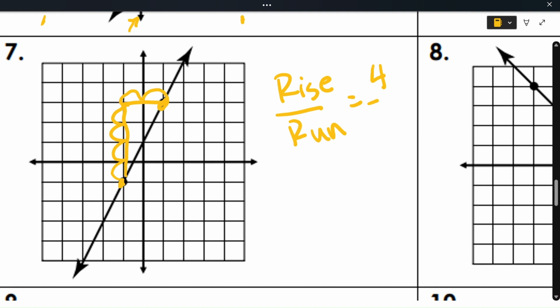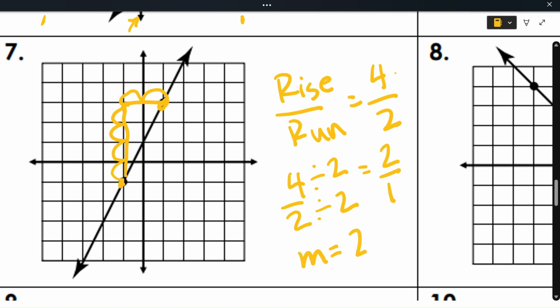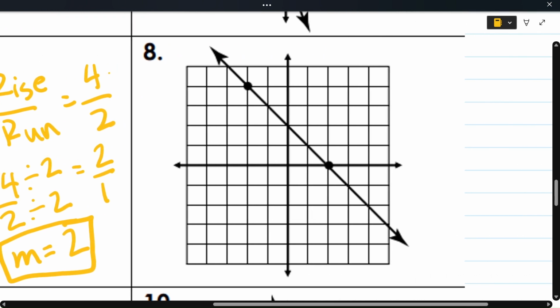And then my run, my horizontal space. 1, 2, 2. Can this be reduced? Yes, it can. I'm going to divide by my greatest common factor, which here is going to be 2. So it's going to be 2 over 1, or m equals 2.